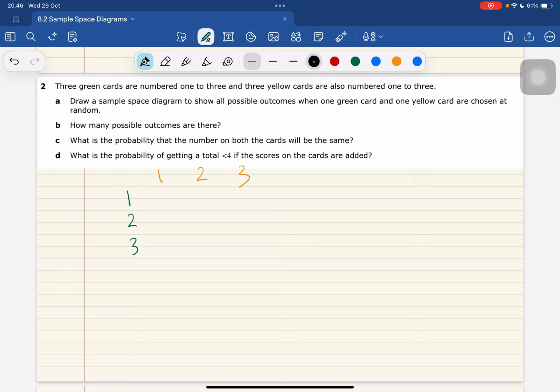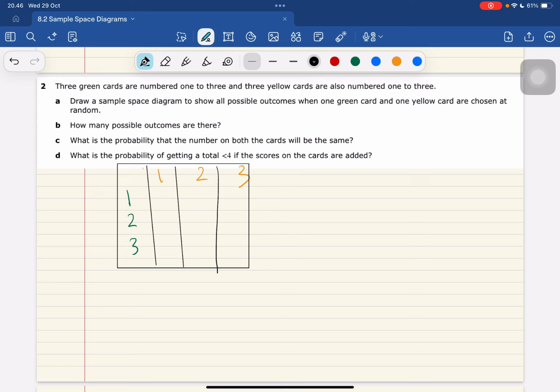Let us make the diagram small and make it perfect. So we got it here.